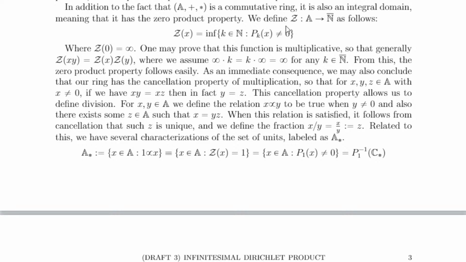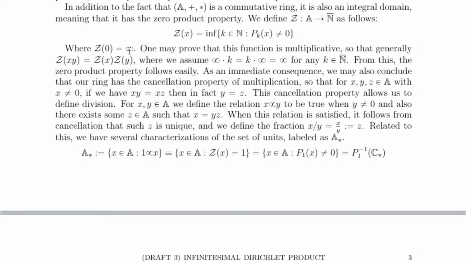We actually have this function defined between not just integers, but extended integers. We have a little overline here. In the case that all of the indices are 0, then we have the 0 vector, and we're just going to say that's infinity. So if all the entries are 0, we'll give it the label of infinity.